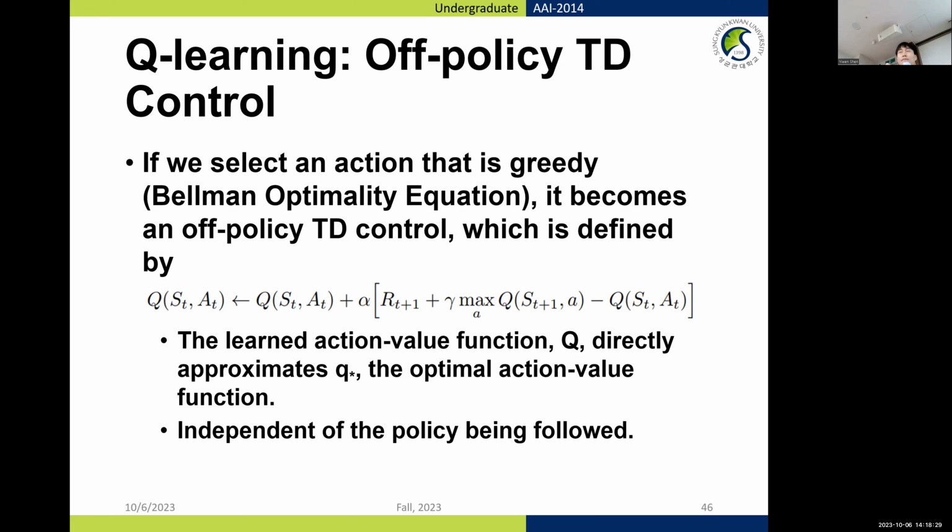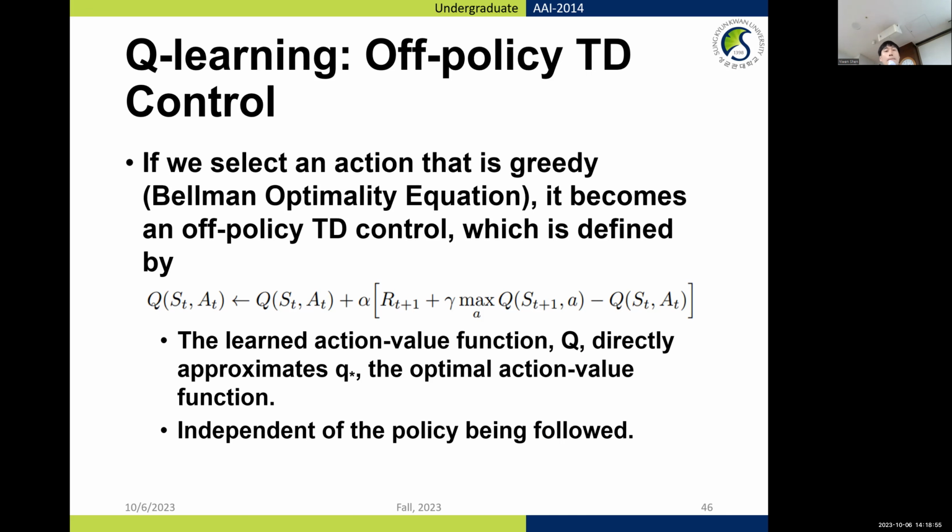Off policy means that it will update the policy better and faster, and TD is online, dynamically updating the state, which means it will converge faster. Control means we do the prediction and update the policy at the same time. So generally, Q-learning is faster than other approaches in most cases.